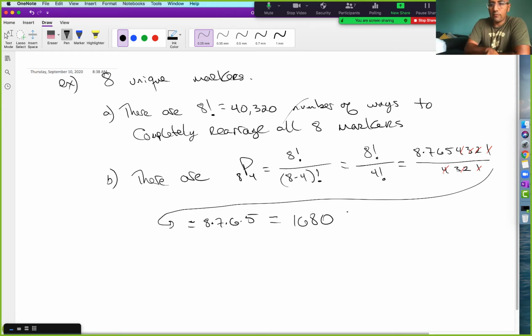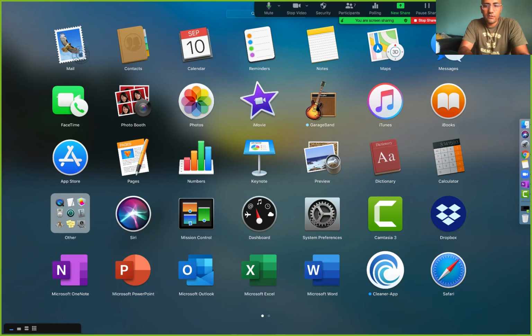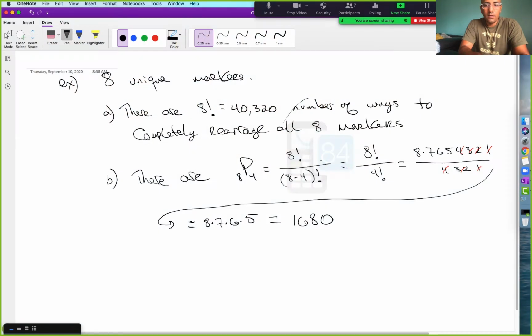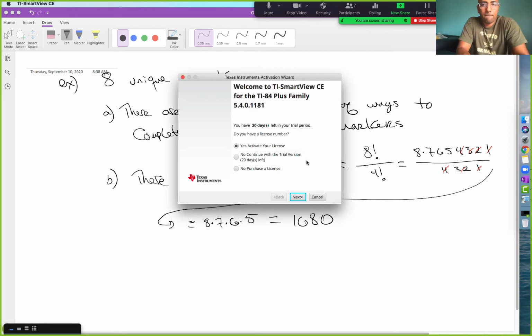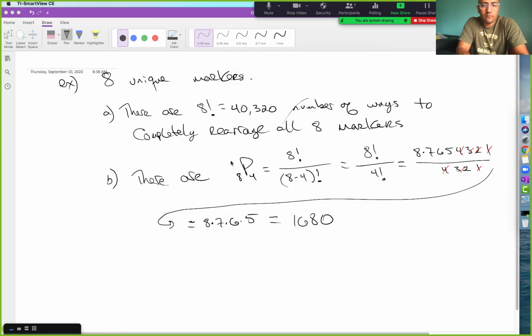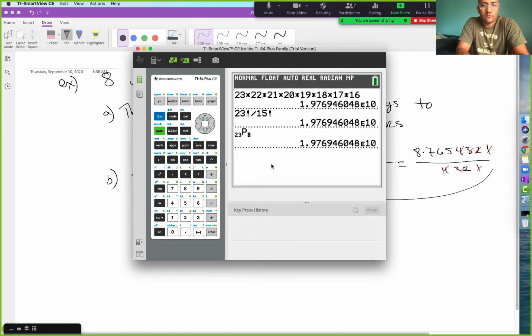Or I can use the button for permutation. So we covered that last time, but I might as well do it again. So let's do the button for permutations. Oh, so it's still remembering from last time.